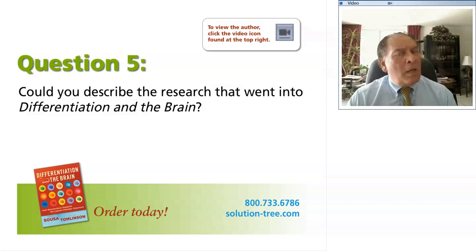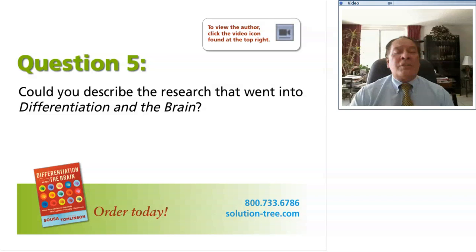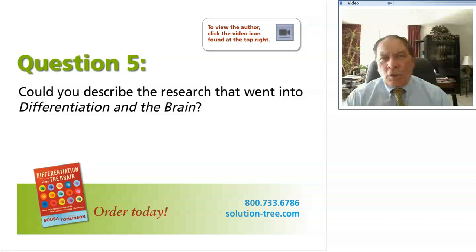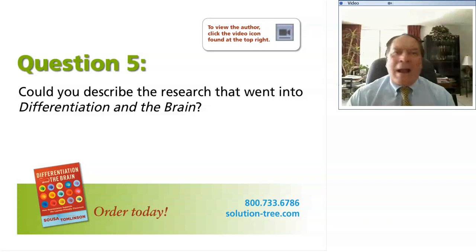The social climate. There's a whole new area of neuroscience that's emerged called social cognitive neuroscience, where we understand the importance of how the social aspect of kids interacting with one another can enhance or in some cases impede learning.